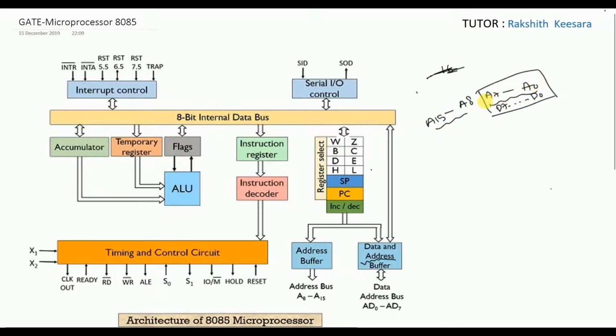From A0 to A7, they are not only address lines, they are also data lines. Why? Because Intel manufactured it like that. From A8 to A15, they are only address lines. So it is a 16-bit address and 8-bit data. Data is sent through the address lines only. So this is the 16-bit address, and this is the 8-bit data.